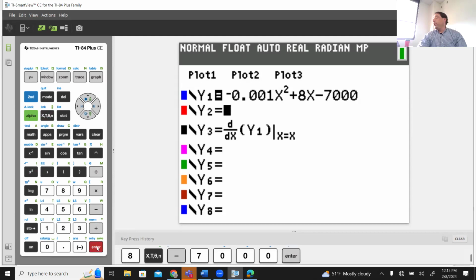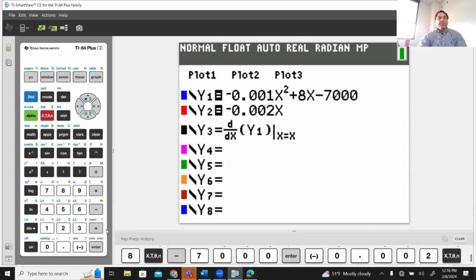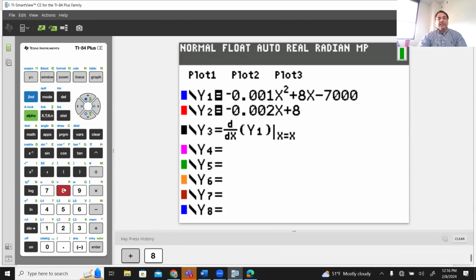Enter. We're going to put the derivative, which is negative 0.002x plus 8. So we're checking everything in the calculator by doing the y3.